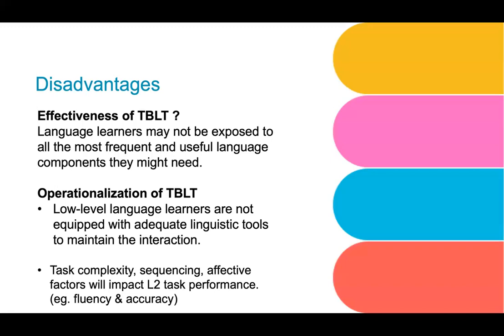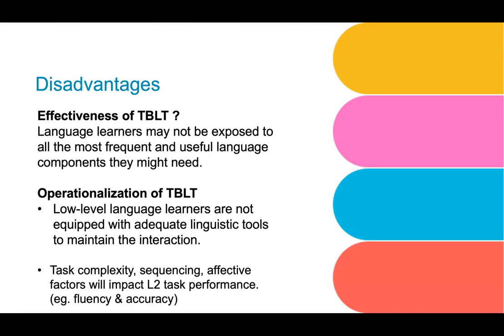However, there are disadvantages of TBLT. We can question the effectiveness of TBLT, because language learners may not be exposed to all the most frequent and useful language components they might need.